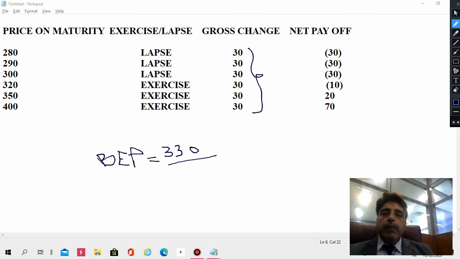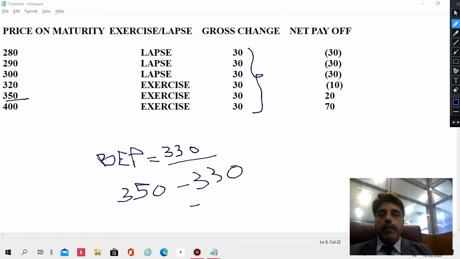And also in the case of profit, 350. If it reaches, for example, 350, then 350 minus 330, because that is the break even point. And if they exercise this, they are going to have this much profit, 20, which I have mentioned here.